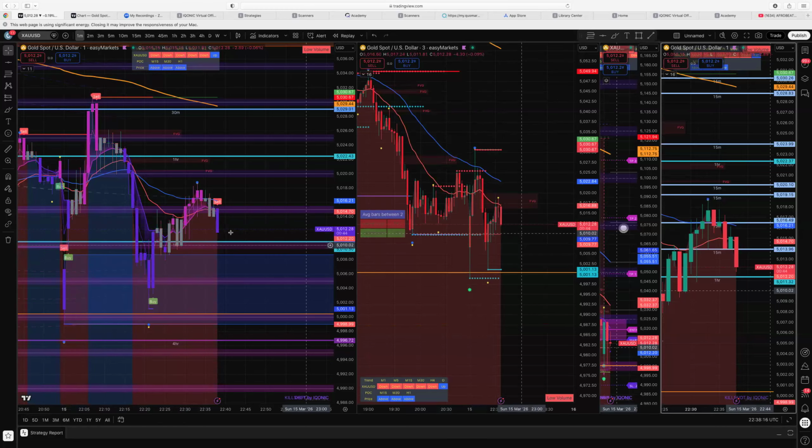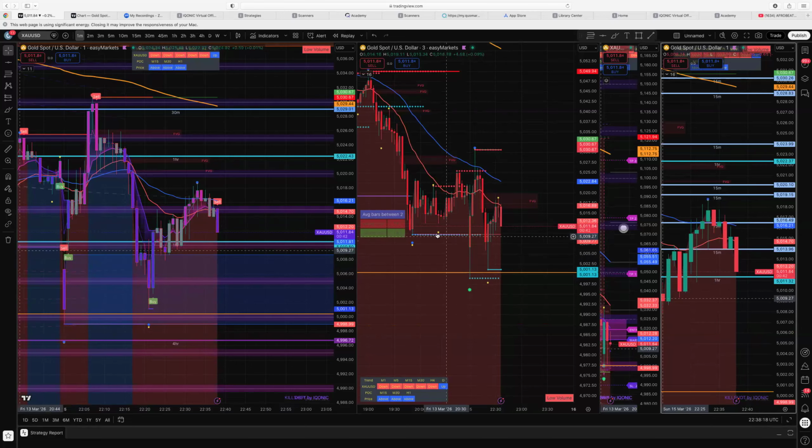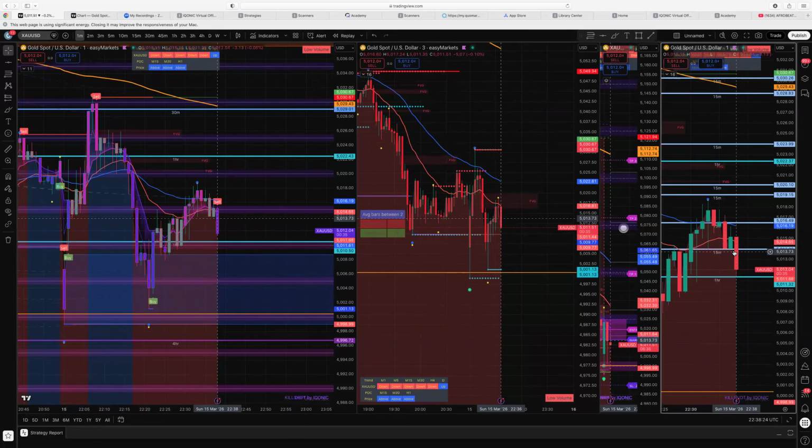So it's this here. This little zone here is this one. This little zone here. If we break this hour, ideally I would have said would have wanted to have said get in there.